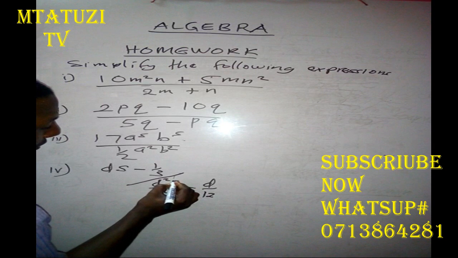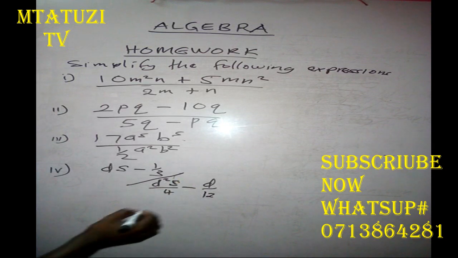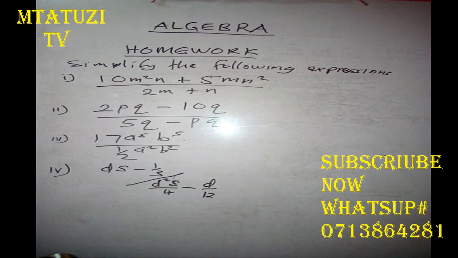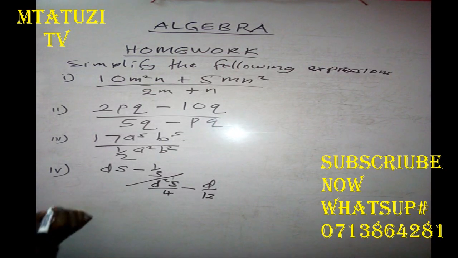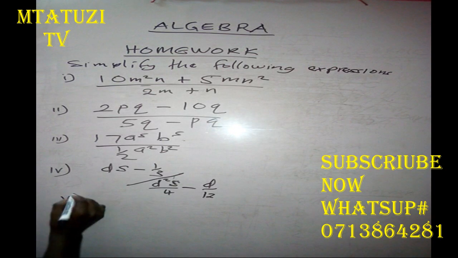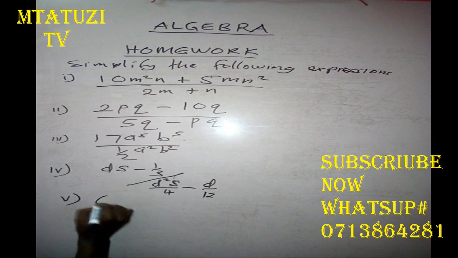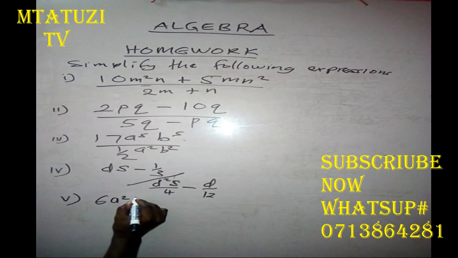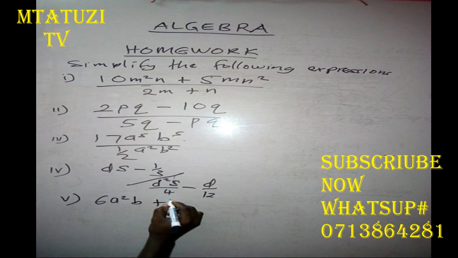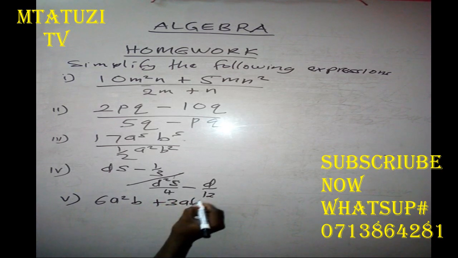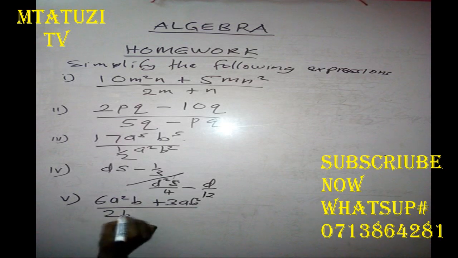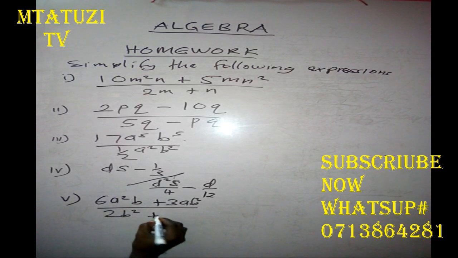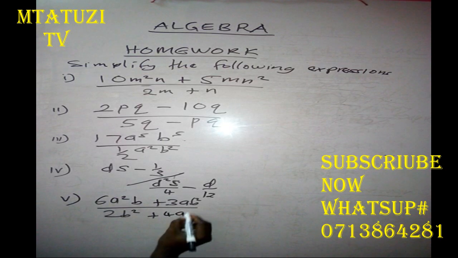This is s, not 5. And the last one, number 5: 6a square b plus 3ab square divided by 2b square plus 4ab.